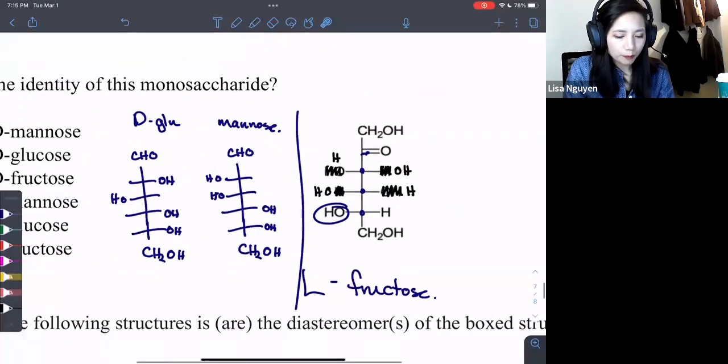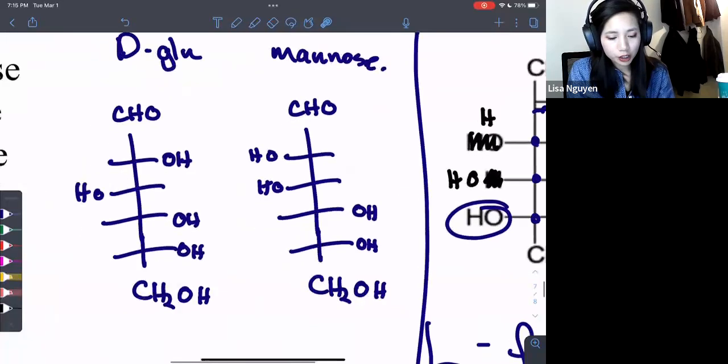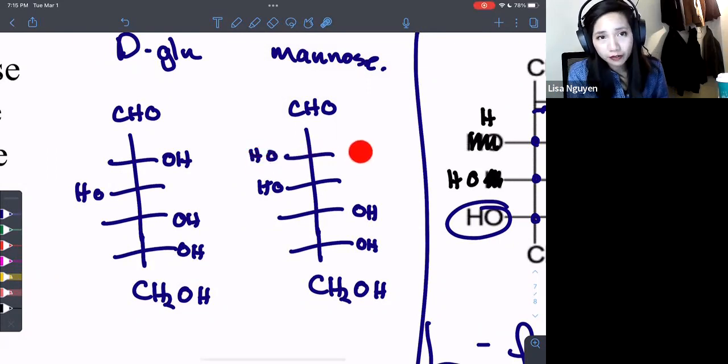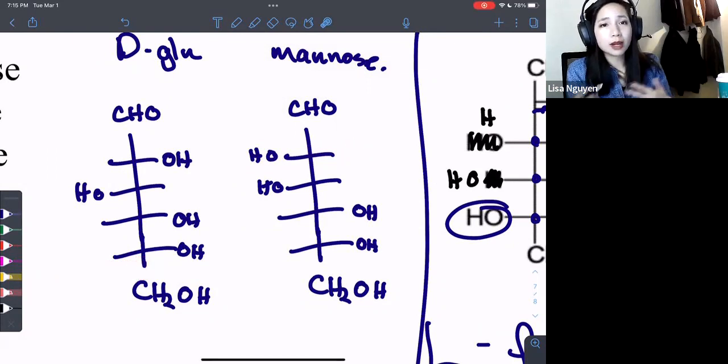For example, mannose and glucose are diastereomers of one another because we could turn mannose into glucose by flipping just one carbon's stereochemistry. So D-glucose and D-mannose are diastereomers of one another, an incomplete mirror image.